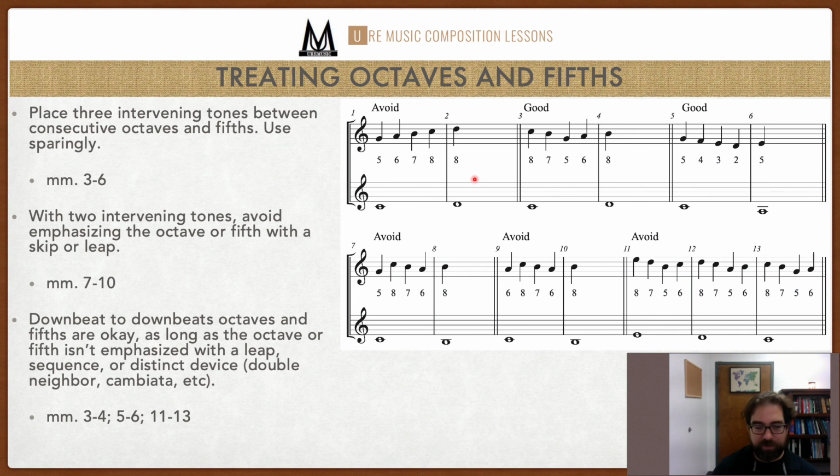So let's play through all these. How about measure 3 and 4? See, that sounds better than measure 11, 12, and 13 because I didn't create a sequence. How about measure 5 and 6?